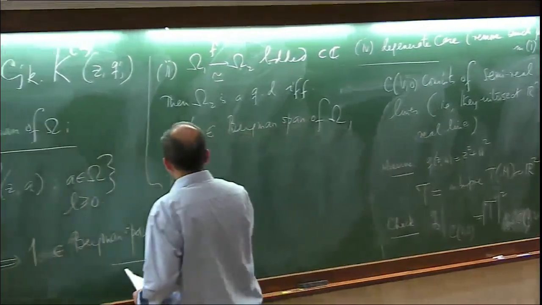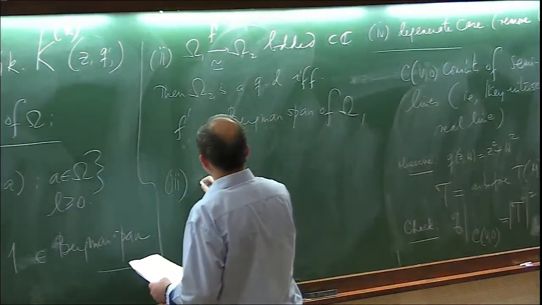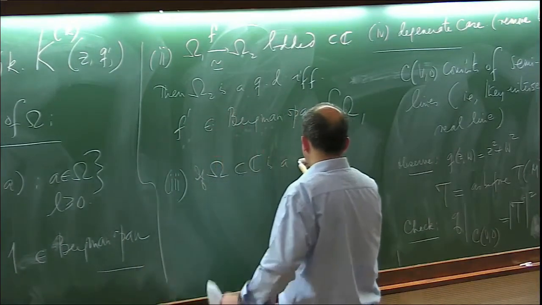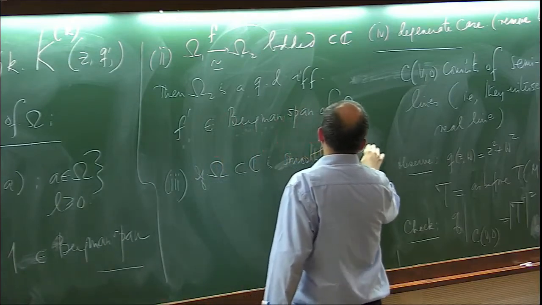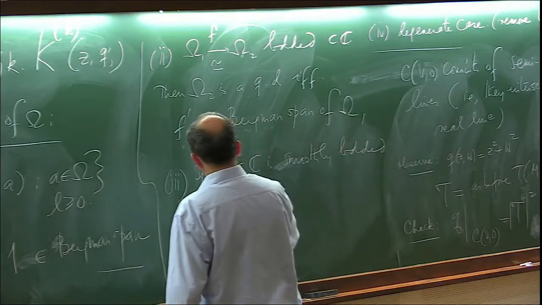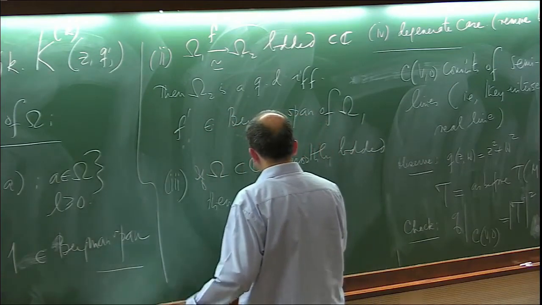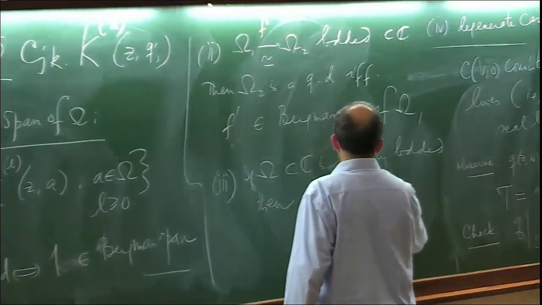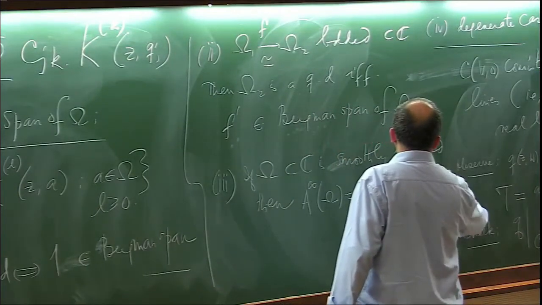And the third ingredient is that if omega is smoothly bounded, then A infinity omega, so these are all the smooth functions up to the closure which are holomorphic.